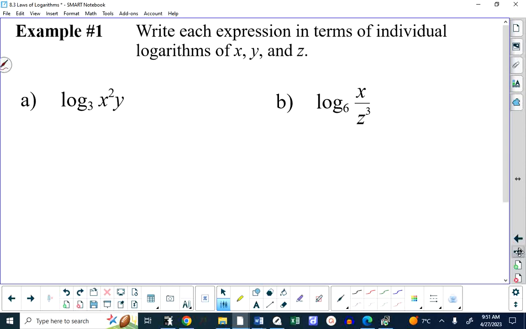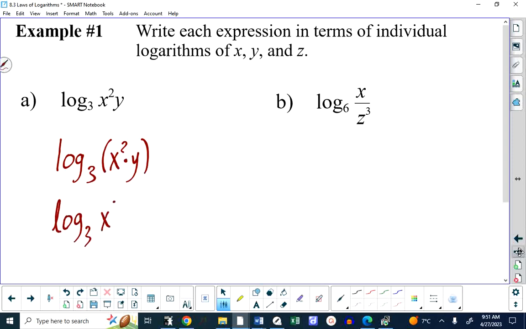One of the things you're expected to be able to do is to take a logarithm of an entire term, and I'm going to rewrite it with the x squared y in brackets, but again, it doesn't have to be, and write it as a bunch of logarithms added or subtracted together. Well, since x squared times y is a product, this is log base 3 of x squared plus log base 3 of y.